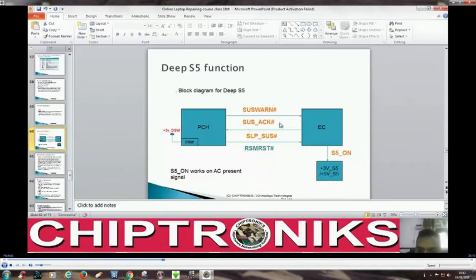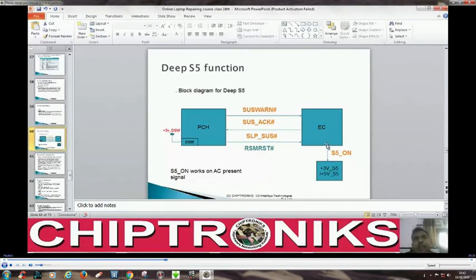When the PCH gets this acknowledgement from the EC that yes, the embedded controller is ready to enter into the S5 stage, the PCH will generate SLP_SUS, and when this SLP_SUS is generated to the EC, the EC will generate S5_ON and the EC will generate RSMRST. Earlier in HM55 this communication was missing because there was no deep S5.